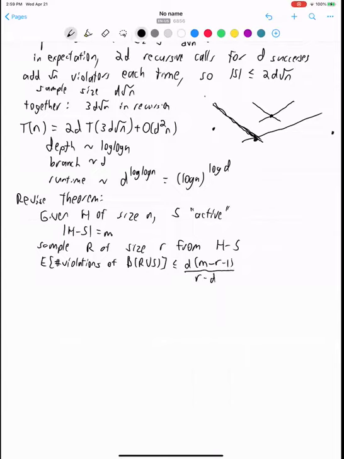So the statement as I gave it at the beginning assumed S was empty. And if any of you has been reading the Motwani Raghavan textbook, they only prove it for the case where S is empty. But for this algorithm, we need the more general case.